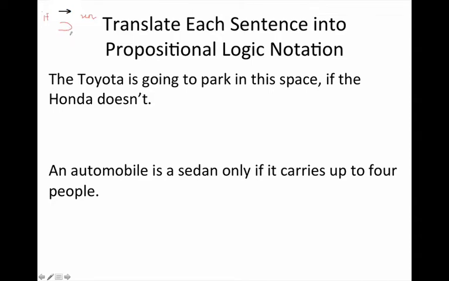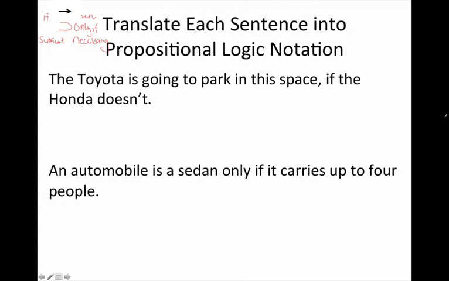We have one exception, remember, and that's only if. And only if expresses a necessary condition, and the necessary condition always goes in the consequent position. So sufficient condition on the left, necessary condition on the right.